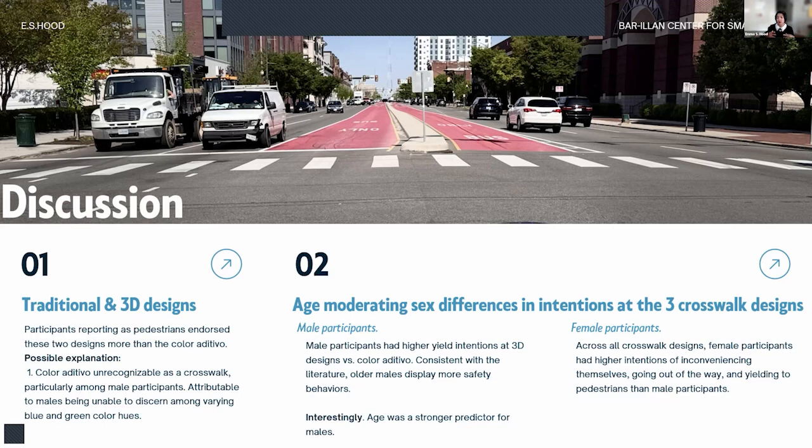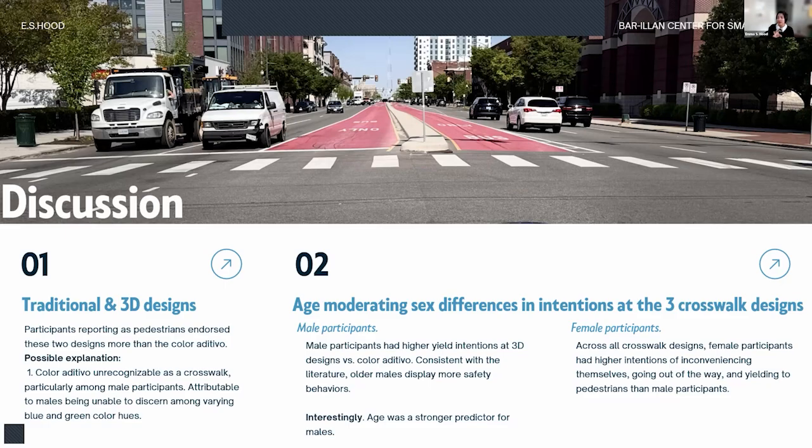And it could be attributed to males being unable to discern varying hues of blues and greens, and just the design in general, not really understanding that it is a crosswalk. However, it is a major crosswalk that is going into a museum in Chicago. So that was interesting. And then age moderated the sex difference in intentions at 3D crosswalk designs.